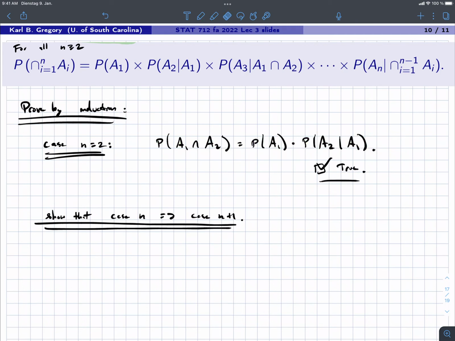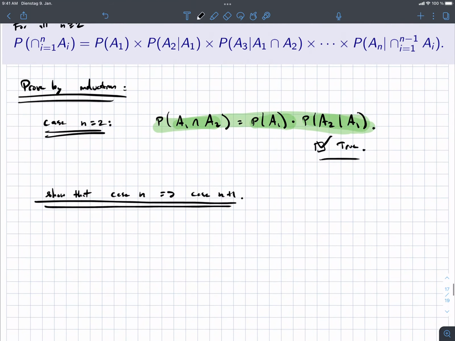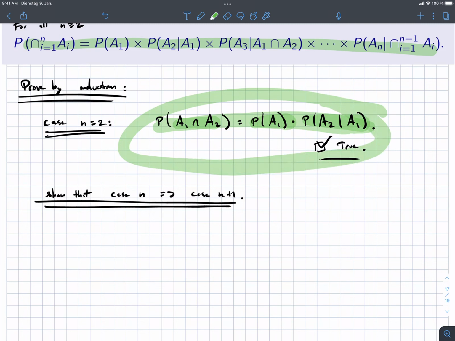This we already know. So I can write an intersection probability as a conditional times an unconditional. So we already saw this. So now I want to show that if this is true, then this implies that the statement will be true for n plus 1.